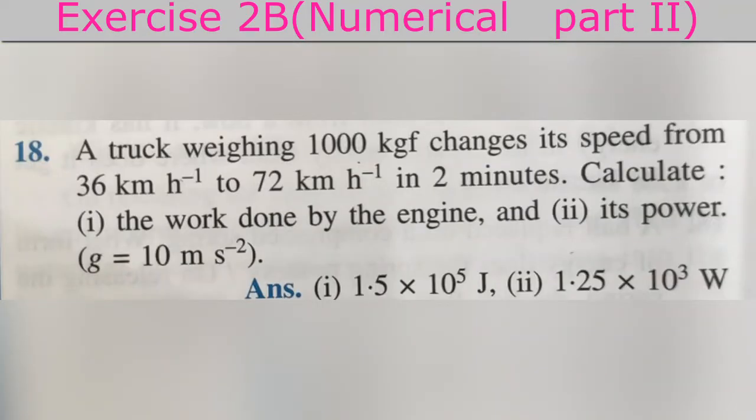A truck weighing 1000 kilogram force changes its speed from 36 km per hour to 72 km per hour in 2 minutes. Calculate the work done by the engine and its power if g is equal to 10 meter per second square.